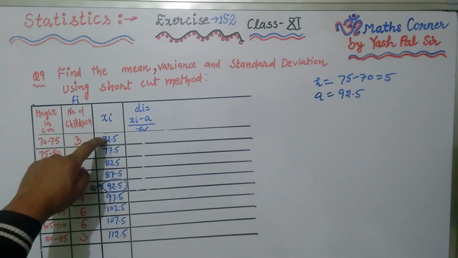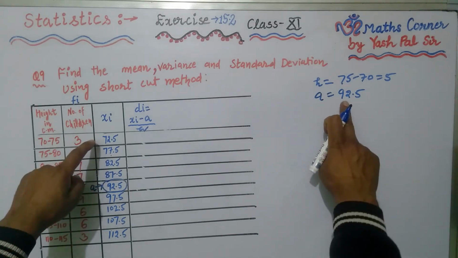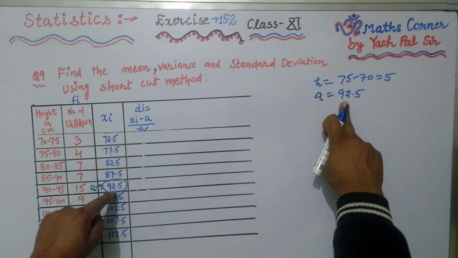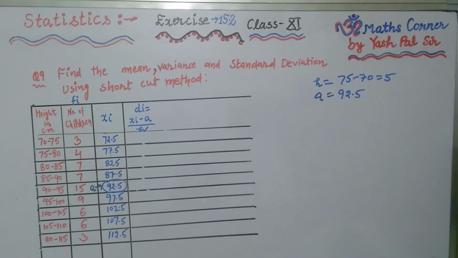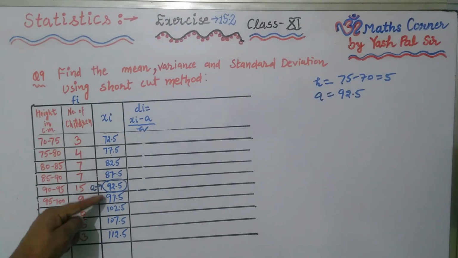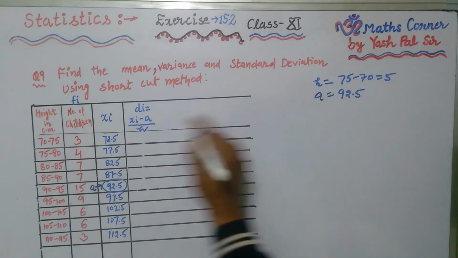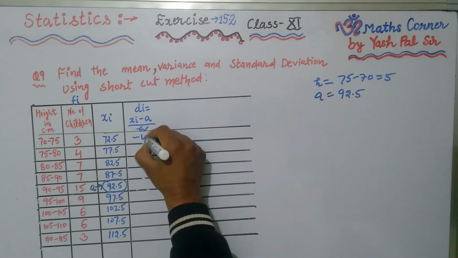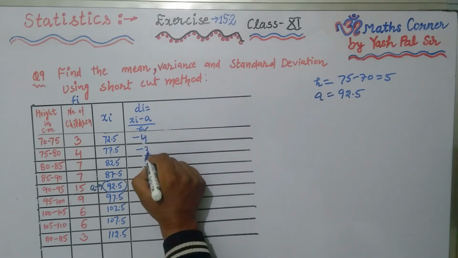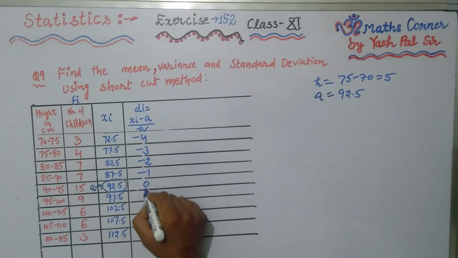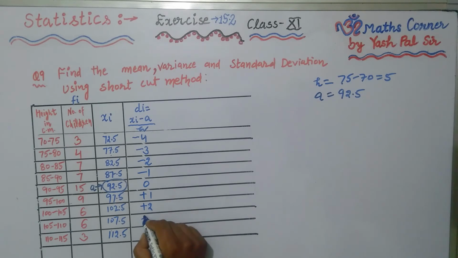Now 72.5 minus 92.5 is minus 20. Minus 20 divided by 5 is minus 4. This way, this will be minus 3. Next is minus 2, minus 1, 0, plus 1, plus 2, plus 3, plus 4.